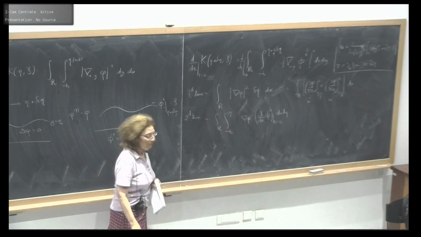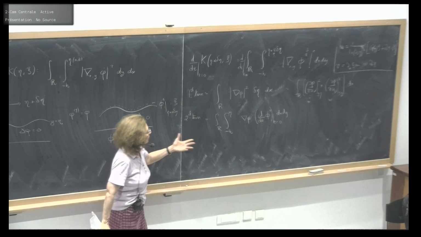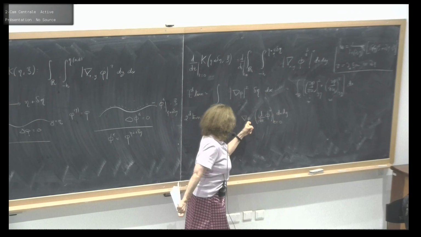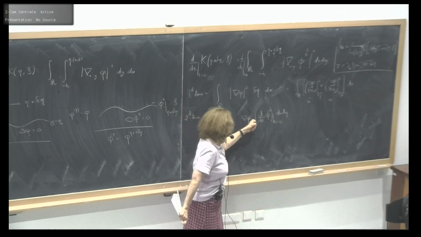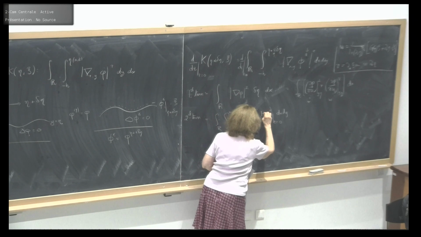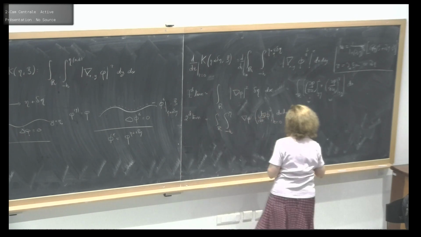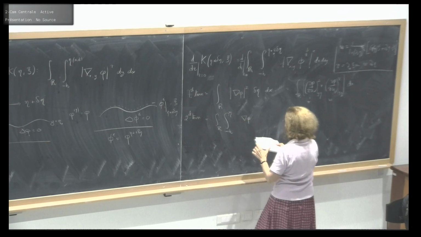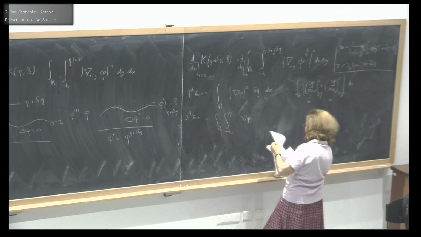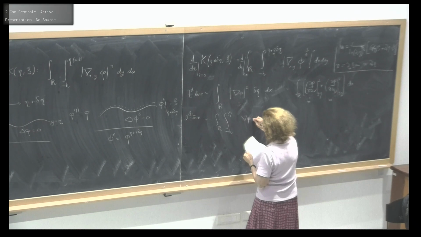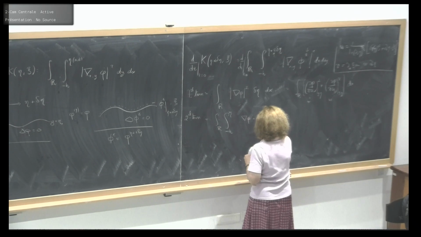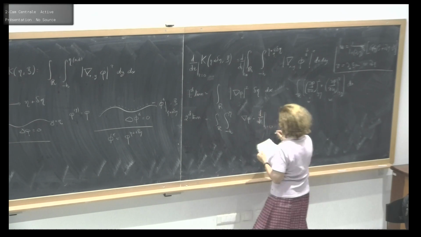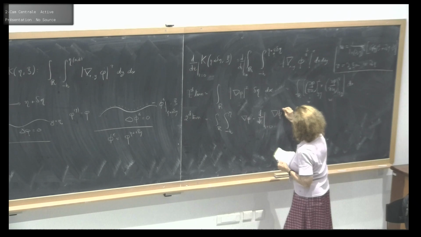Okay, you agree? I differentiate with respect to this epsilon that appears here. Let me rewrite this nicer: gradient of phi dot d over d epsilon at epsilon equals 0 of gradient of phi epsilon, right?